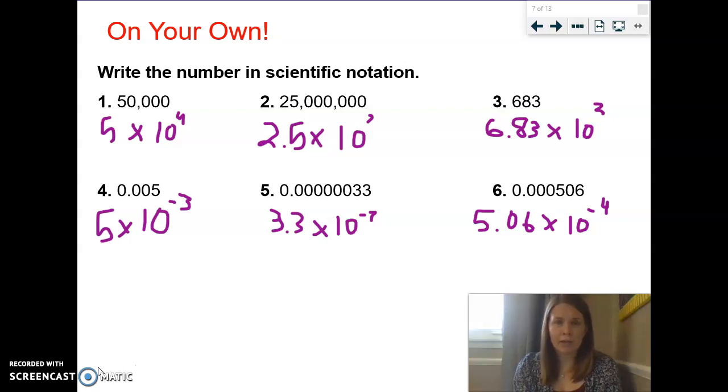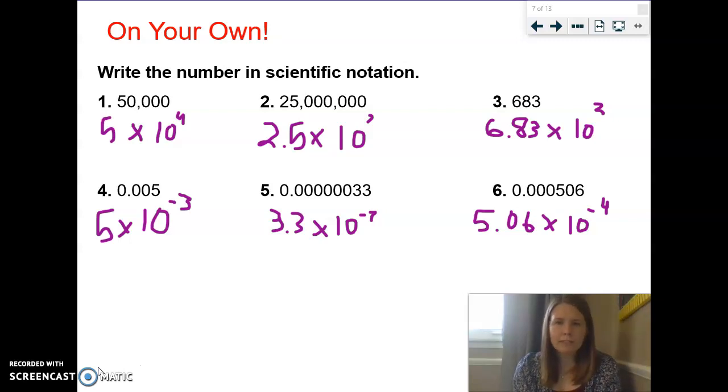Remember, if you have any numbers that are not 0, they do need to be included, okay? Number 4, you'd also have a 5 as your factor, but this time you're multiplying it by 10 to the negative 3. Number 5, you get 3.3 times 10 to the negative 7th.